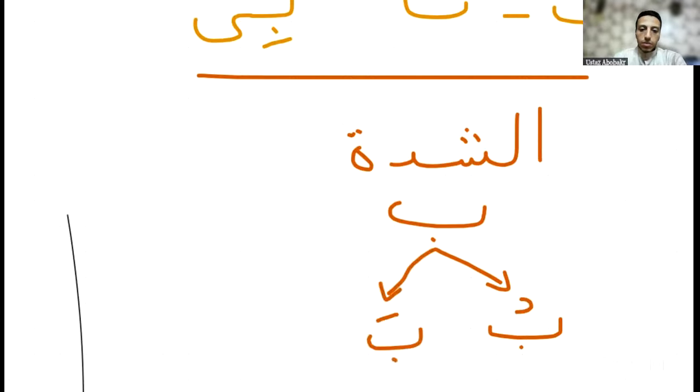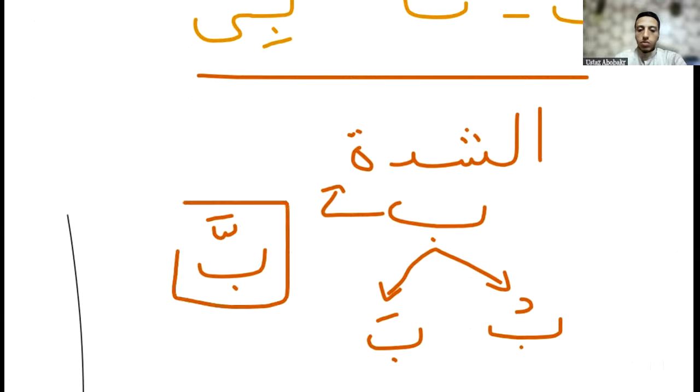What does that make in a difference? This is going to be letter ba with shadda. Shadda is this small sign on the top of the letter. This is representing the two sounds combined together. So having ba with sukun and ba with fatha combined together in their sound makes letter ba with shadda. Same thing for any letter.